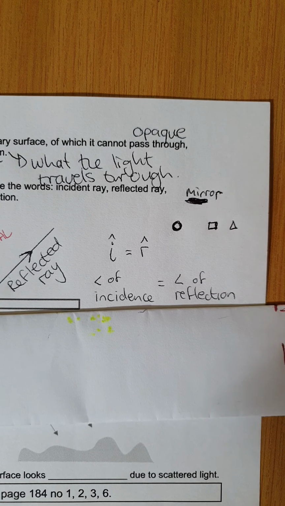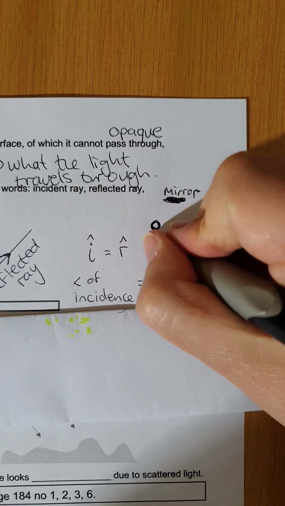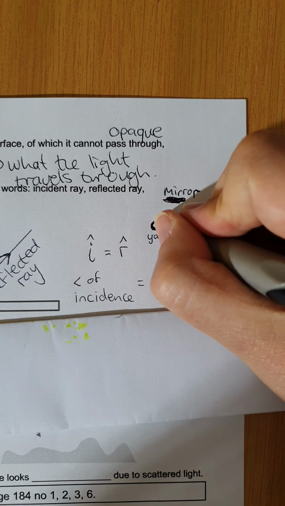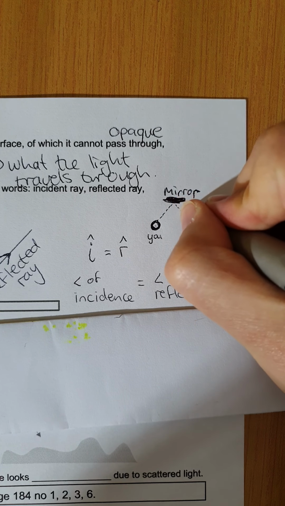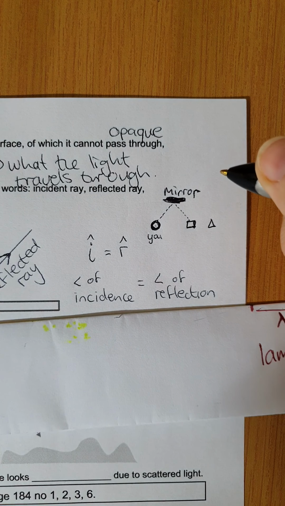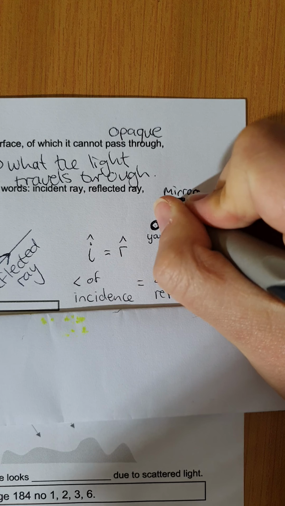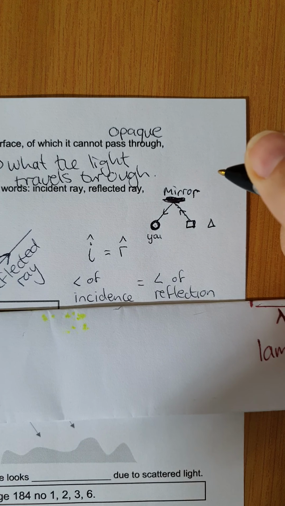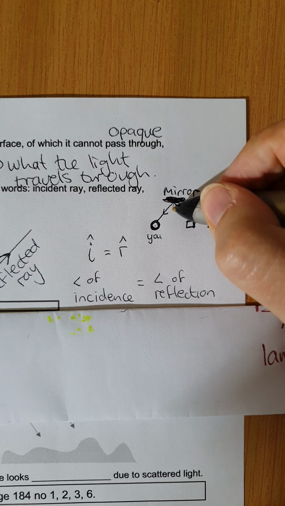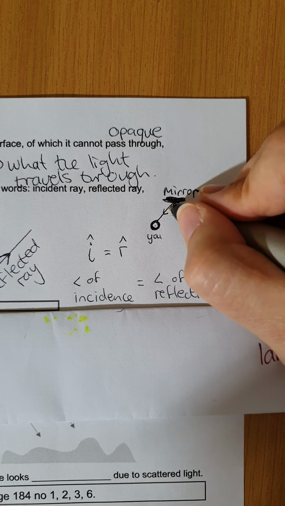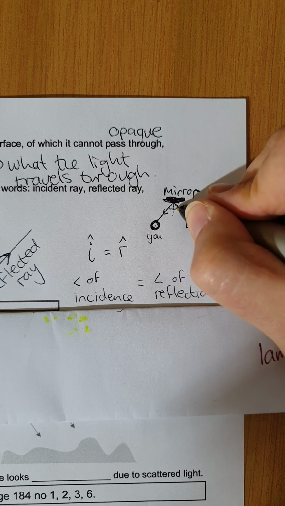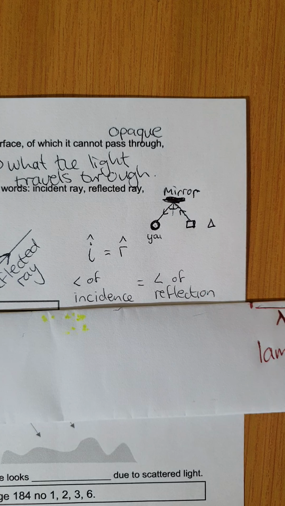Okay, mirror. Here's you. When you can see the block, because the light shines off the block and into your eye, and there you can see, if I draw the normal and those angles, you can see the heart.